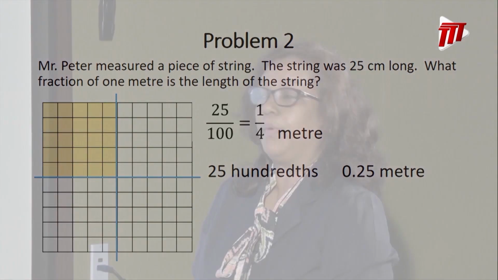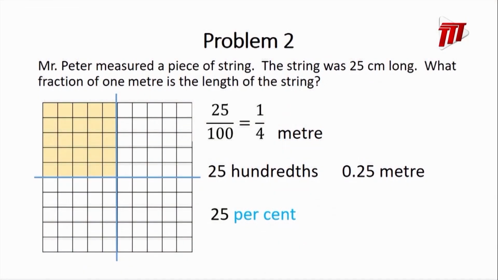Is there any other way we can represent this fraction? Yes, we can. 25%. So 25% is the same as 25 hundredths, and that is the same as 1/4. And I can write 25% in words, or I can write 25% with the symbol which you know.